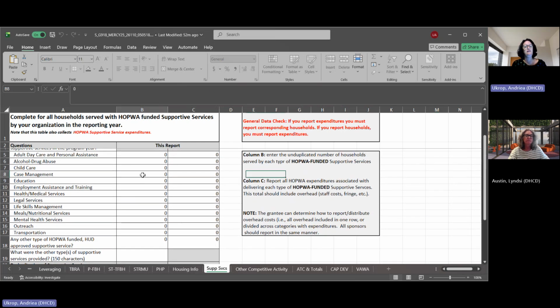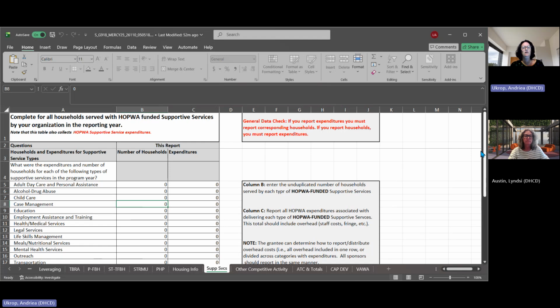However, if it is provided using another funding source, you do not need to provide a total number of households or the expenditure amount.